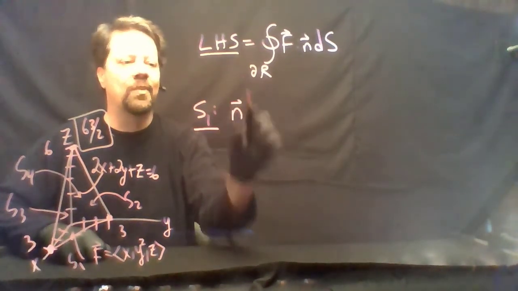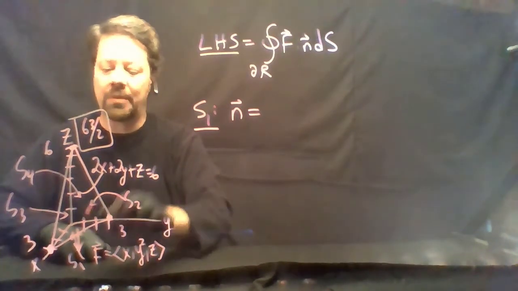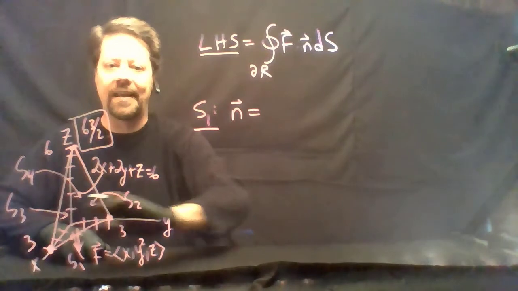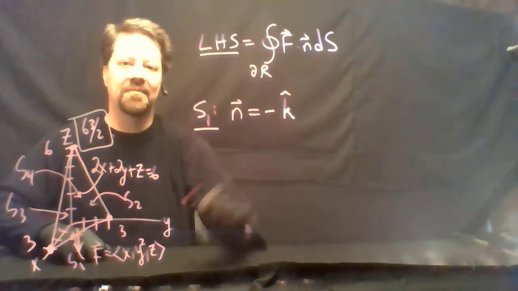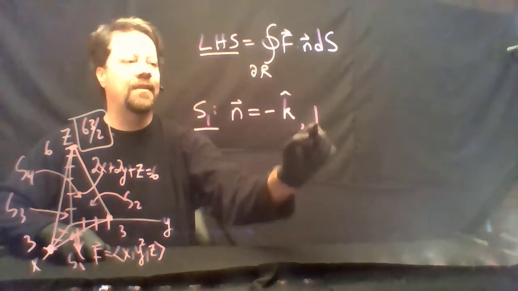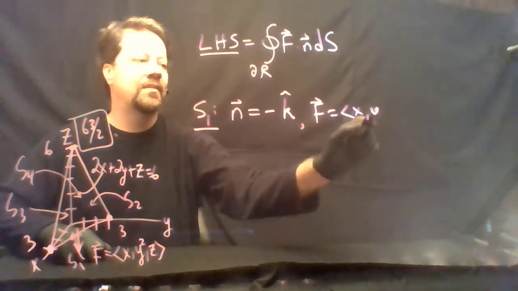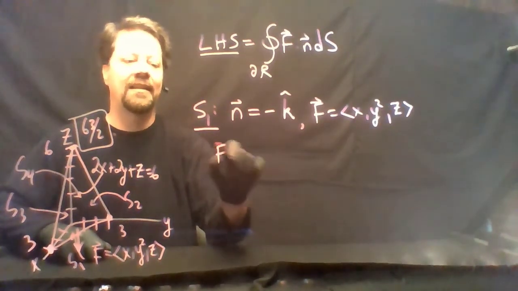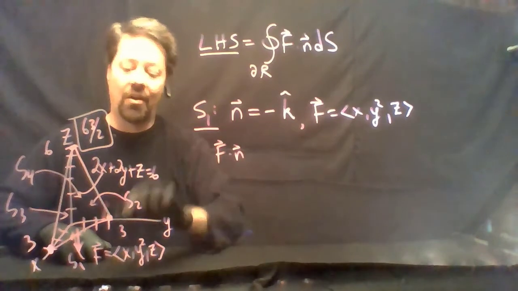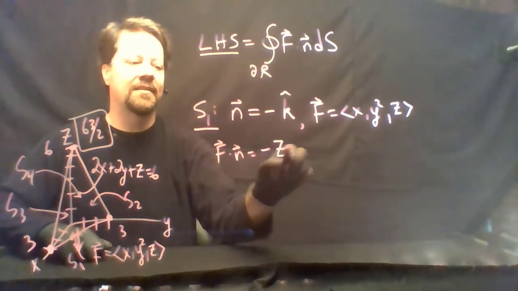On surface 1, we can actually see exactly what the unit exterior normal is at each point on that lower surface. It is minus k. It follows then that since f is x, y squared, z, that f dot n on that face will be minus z.